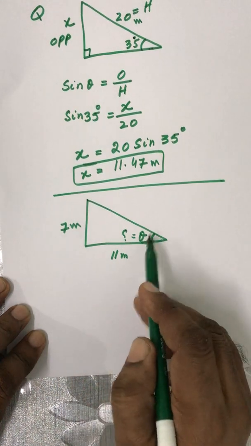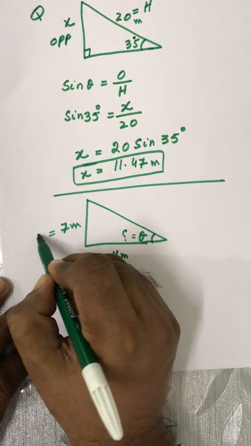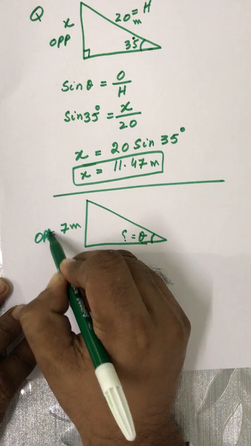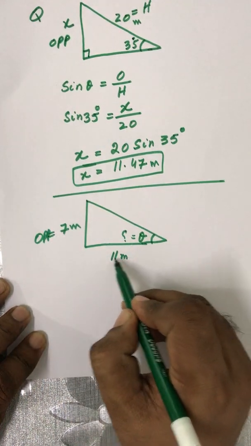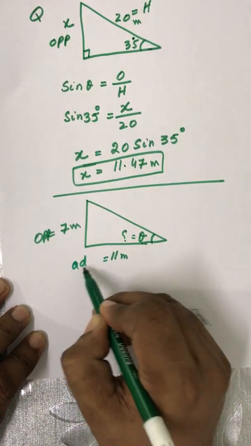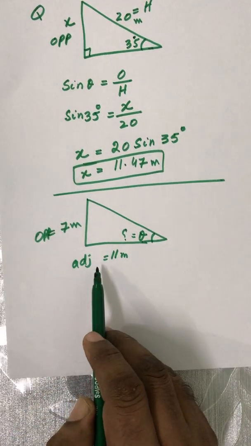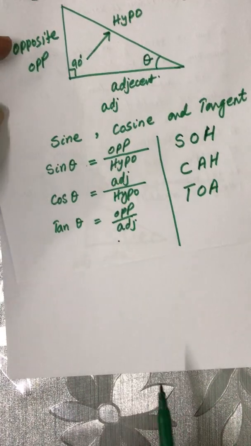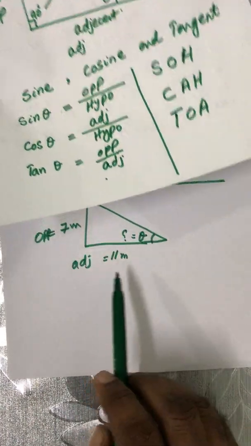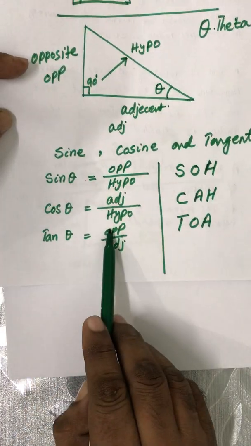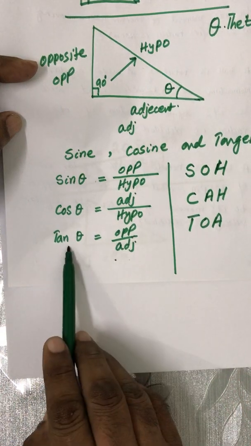If this is the angle, then this is opposite, and this will be adjacent. Now opposite and adjacent, which ratio will we use? Opposite and adjacent is tan theta.